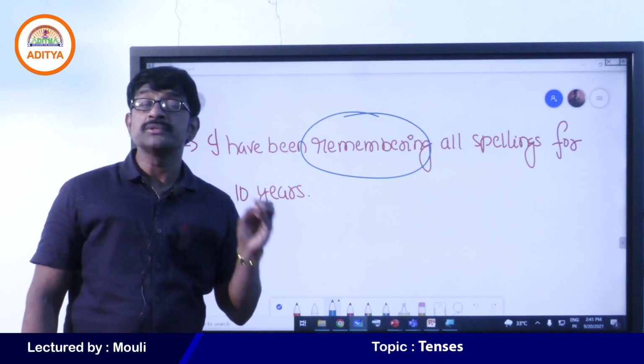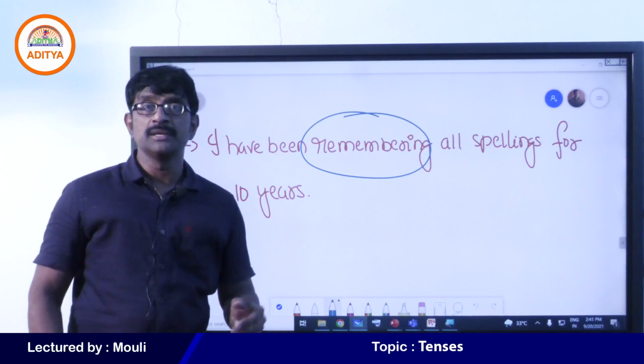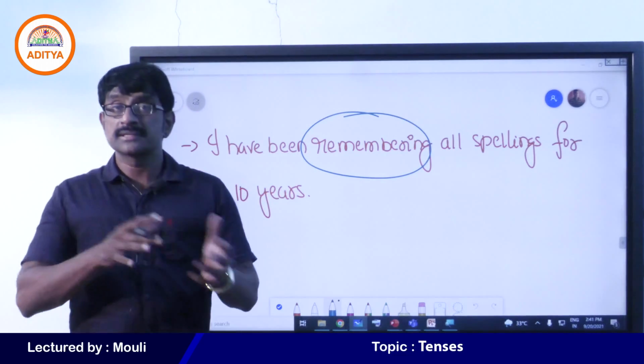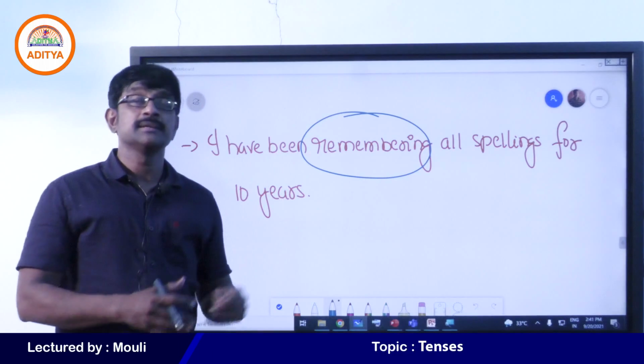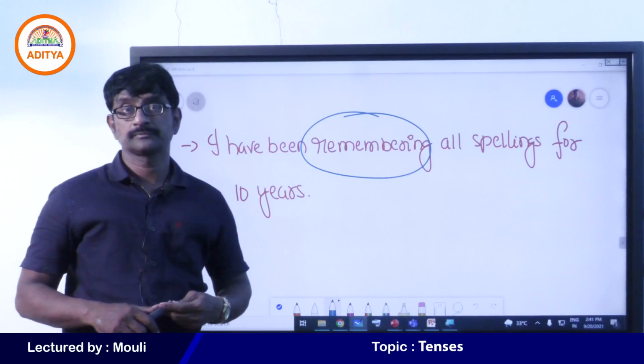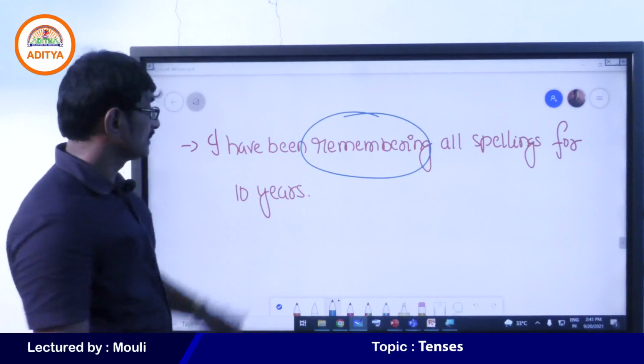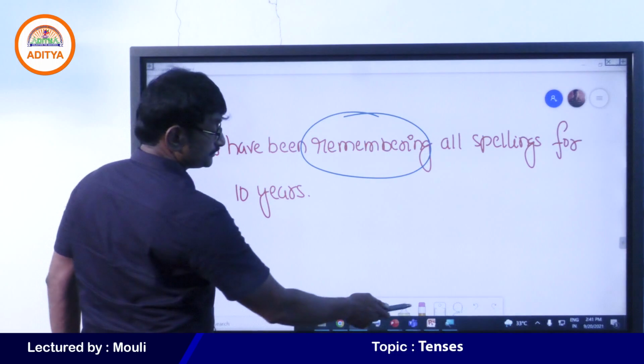If you want to use them with ing form, you may have some other types or some other models, not in this. Okay, students, now let us see the next one.